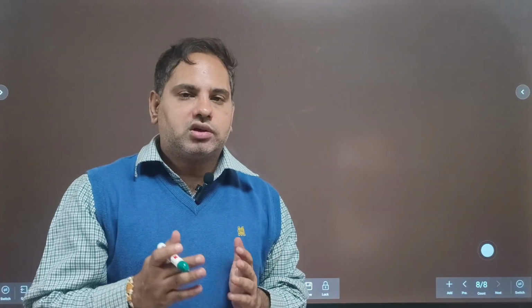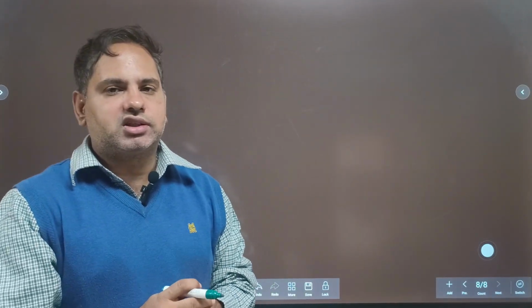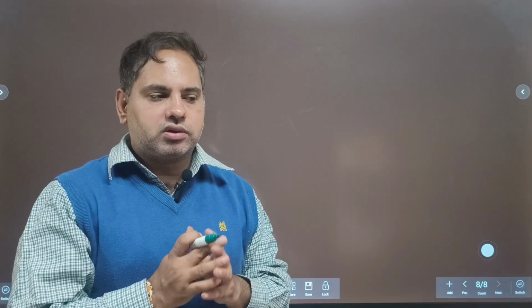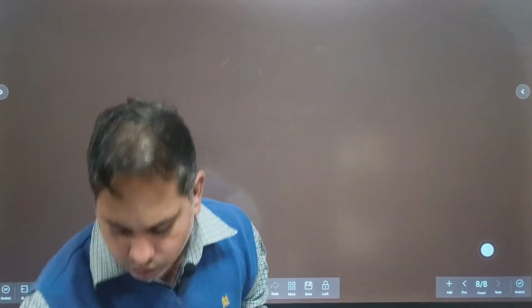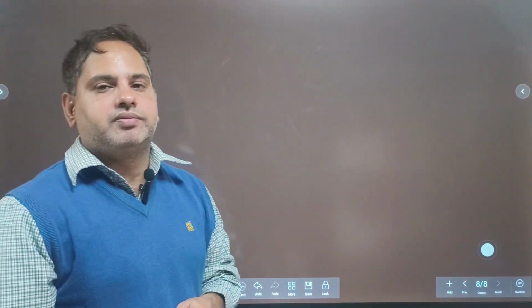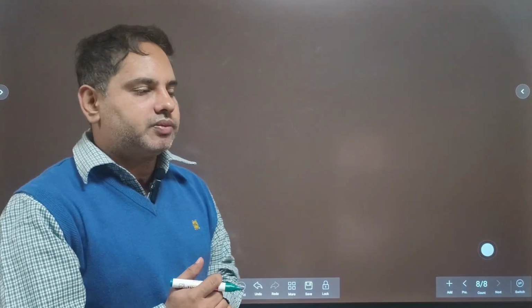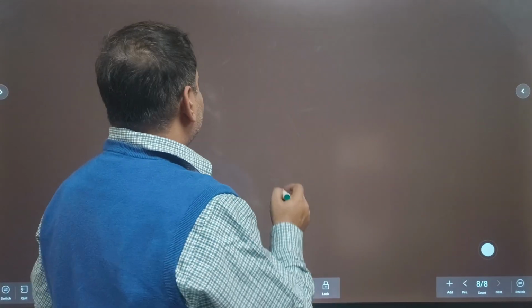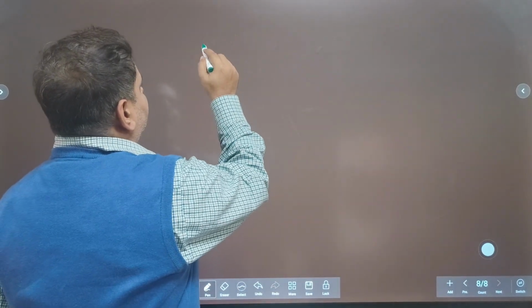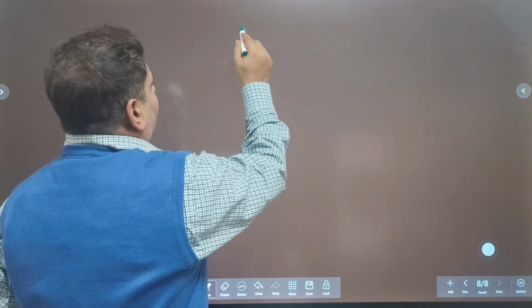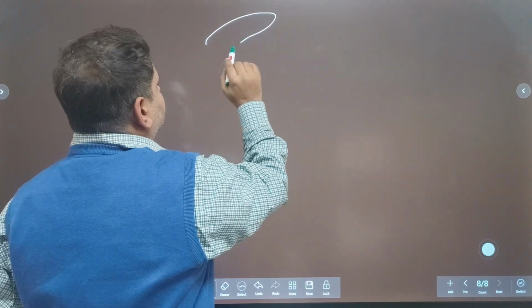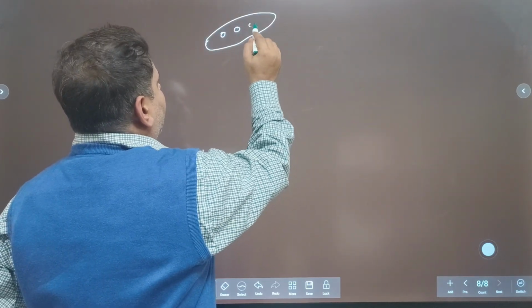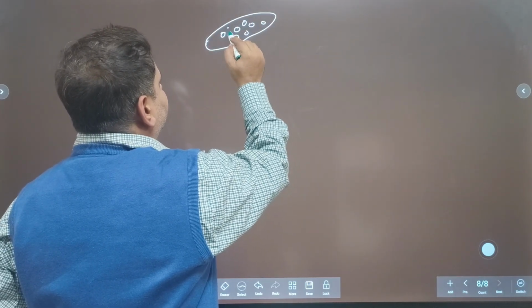You all know that in earlier videos we have discussed how blood glucose level is maintained. In the pancreas, there are different types of cells.